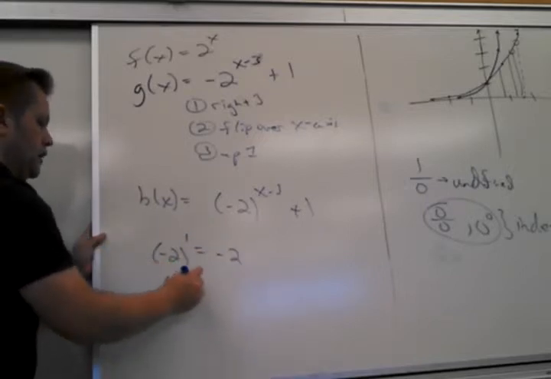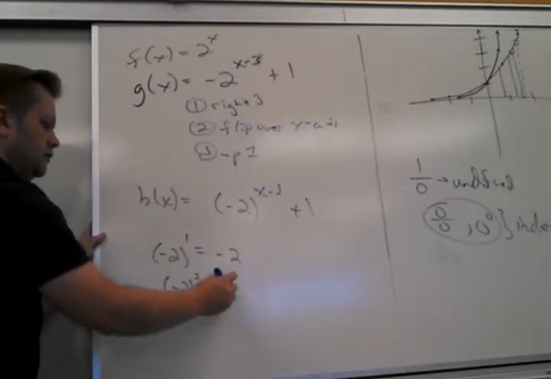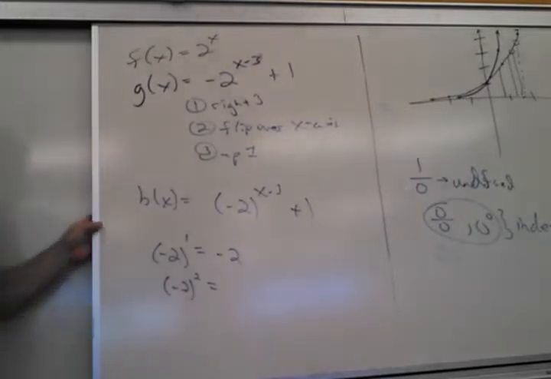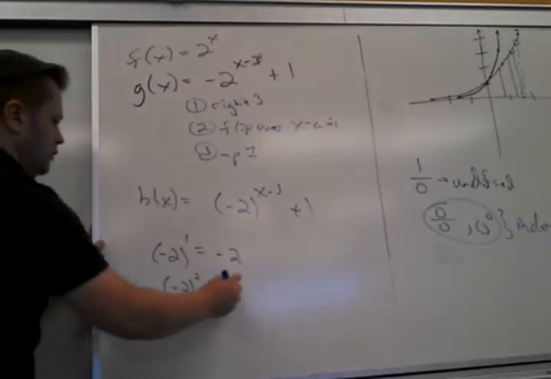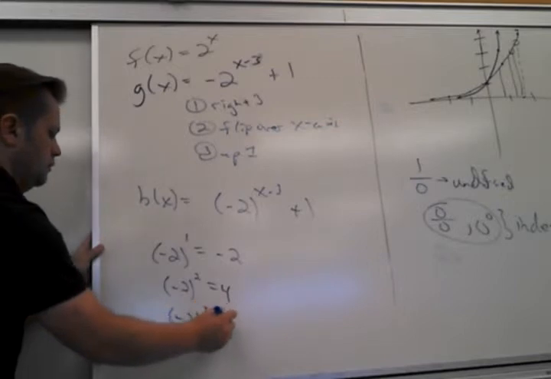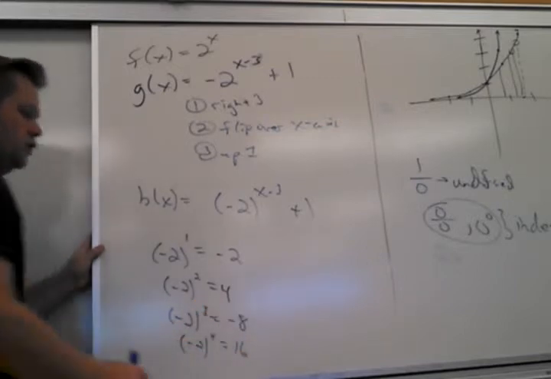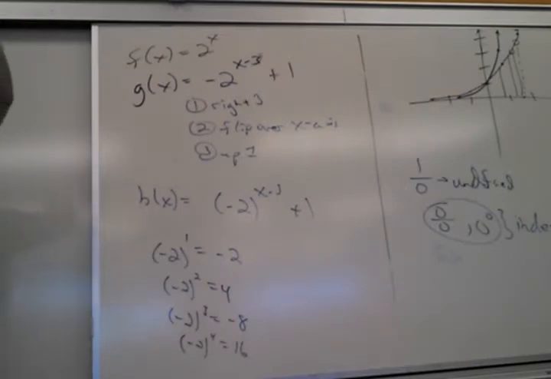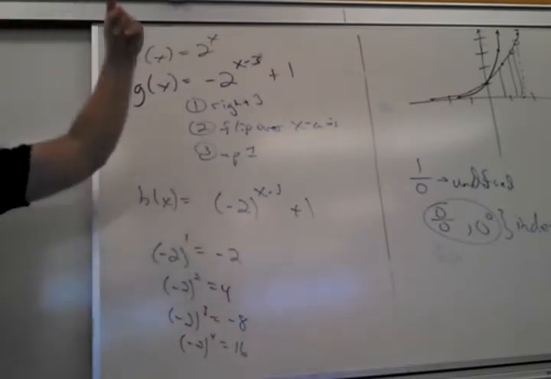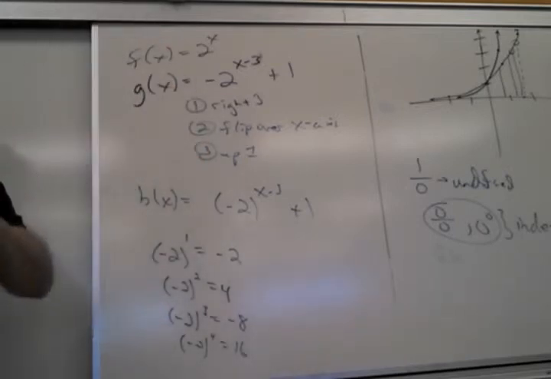What's -2 to the second power? 4. It's -2 cubed. It's -2 to the fourth power. 16. So if you try to graph this thing, it's constantly bouncing back and forth, isn't it? Because the output is positive, and then negative, and then positive, and then negative.